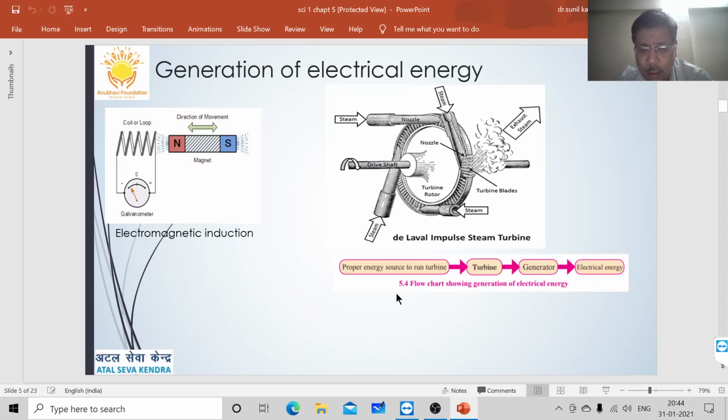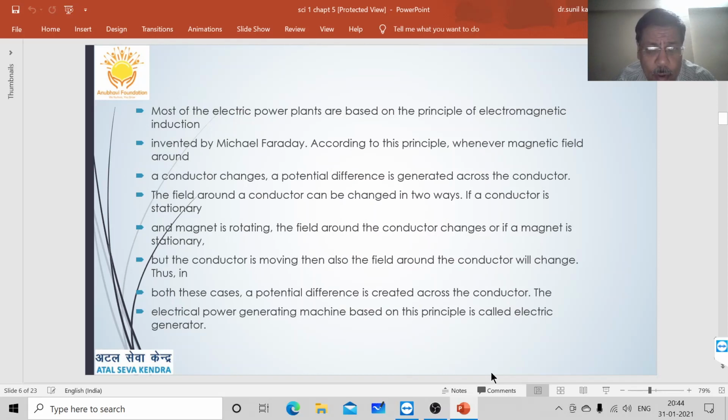That is, the proper energy source will be used to rotate or move the turbines. Turbines in turn will move the generators, and that will be used to produce electrical energy. Most of the electric power plants are based on the principle of electromagnetic induction, which was invented by Sir Michael Faraday.